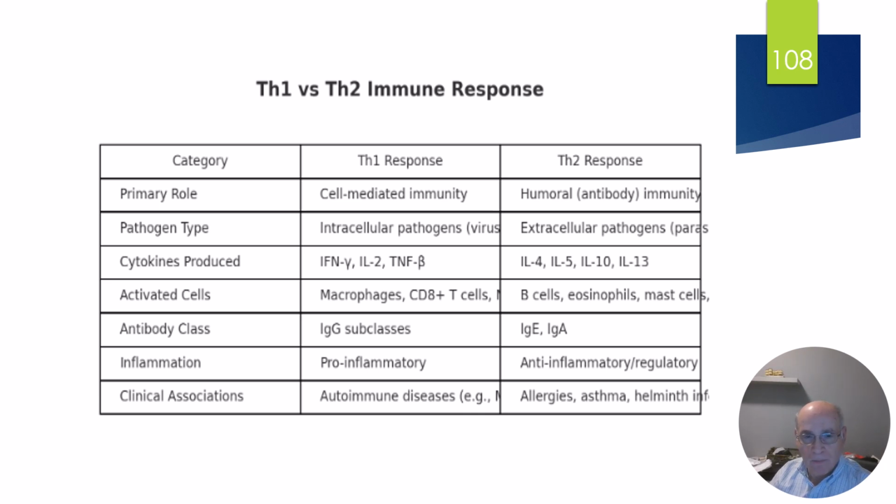You can see the primary role of a Th1 response is more cell-mediated immunity, whereas a Th2 response is more humoral immunity. And you can see the pathogen type. One is intracellular, the other is extracellular. The types of cells, the antibody class that's created, one is IgG versus IgA and IgE, inflammation. One is pro-inflammatory, and the other is anti-inflammatory.